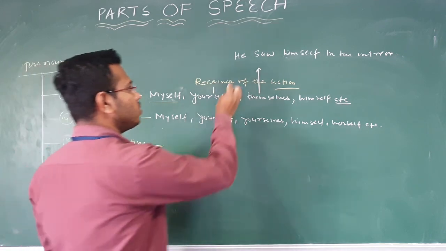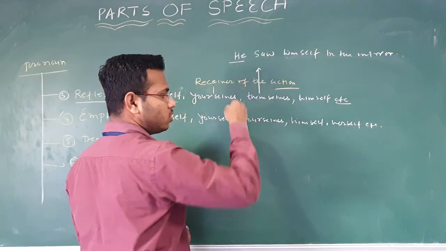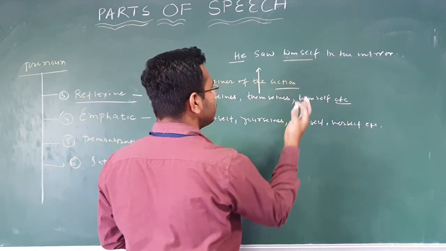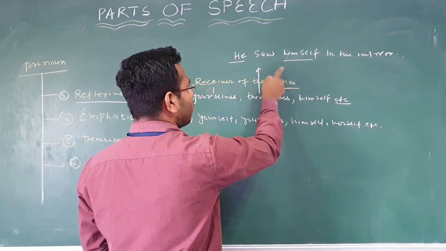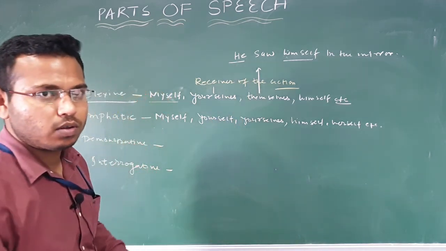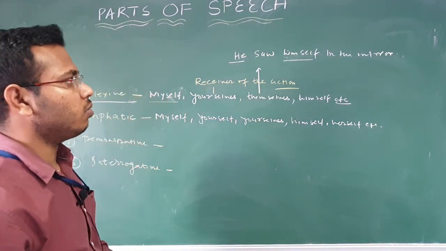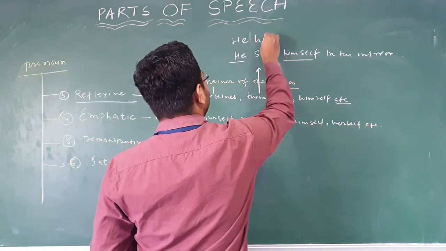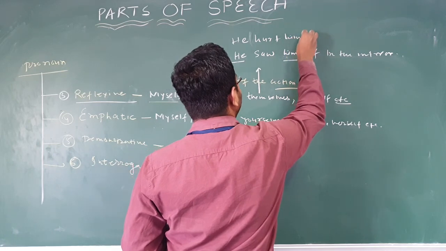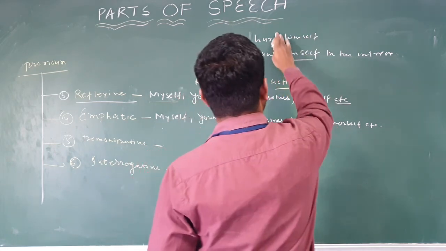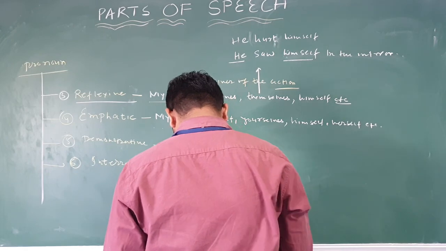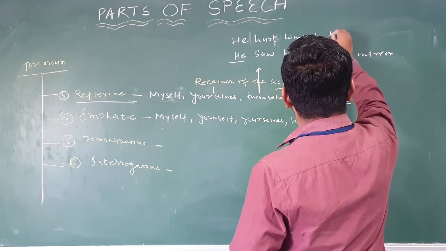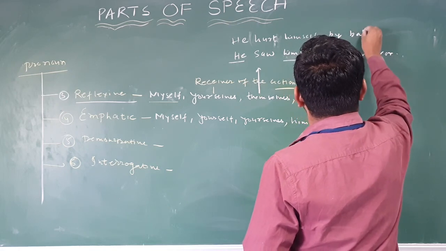Now you can see he is seeing, basically he is watching himself. So himself is receiving the action. Okay, both are the same. The doer is the same and the receiver is the same. He saw himself in the mirror. For example, if I say he hurt himself by a bat.